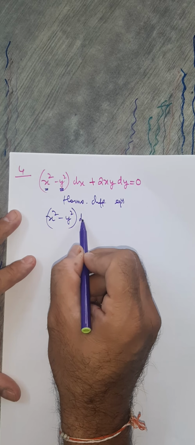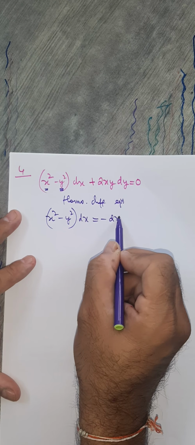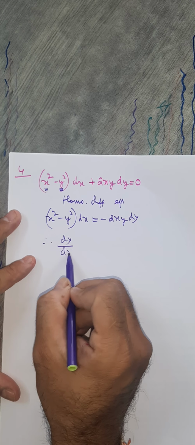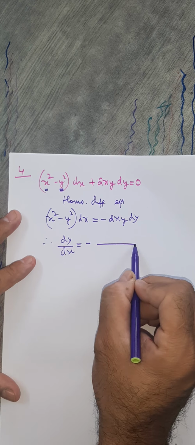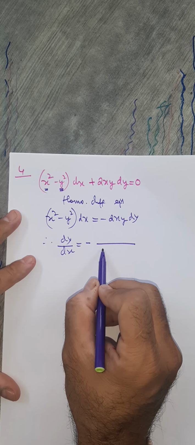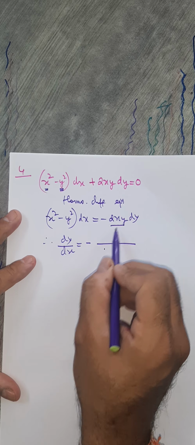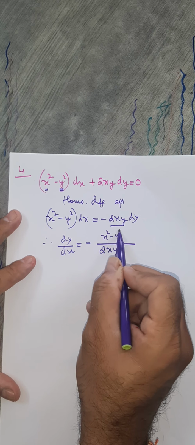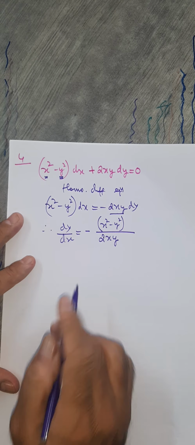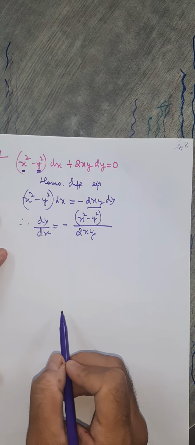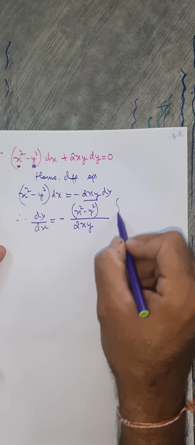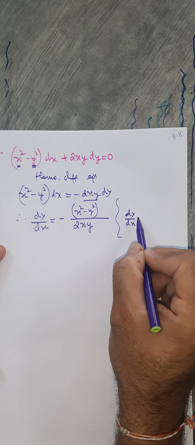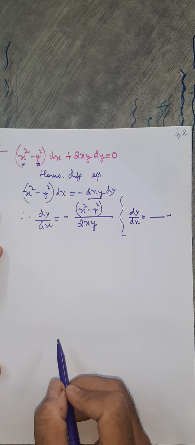So I'll write dx equals to minus 2xy into dy, and therefore dy by dx equals to minus, dy will go here, coefficient of this, so this will go down, and this is x square minus y square. Fine. In which form have I expressed? You know, as I told you, express in dy by dx equals to something form. Fine.